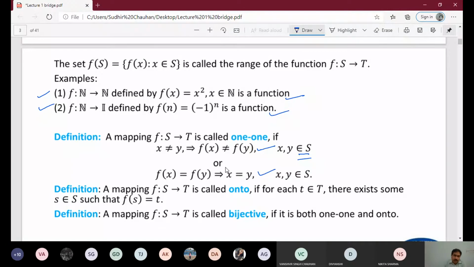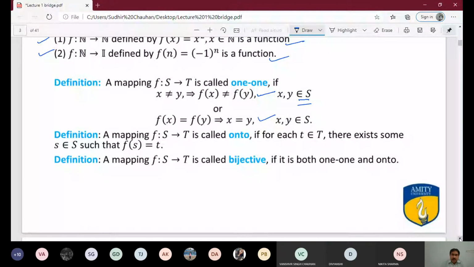Another is onto mapping: a mapping f from S to T is called onto if for each t belonging to T there exists some s belonging to S such that f(s) = t. Now another definition: a mapping f from S to T is called bijective if it is both 1-1 and onto. So it should be 1-1 and also onto, then we can say it is a bijective mapping.